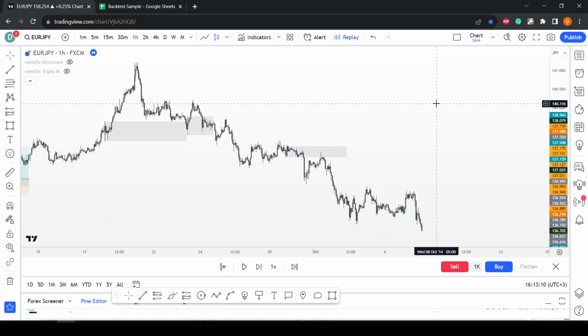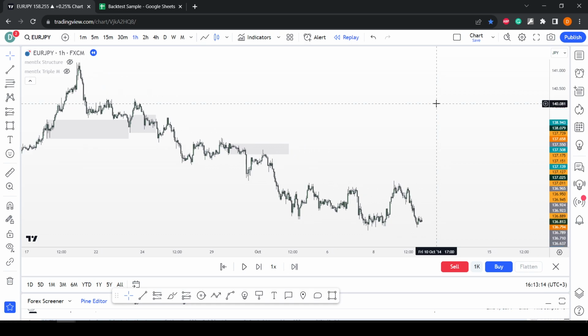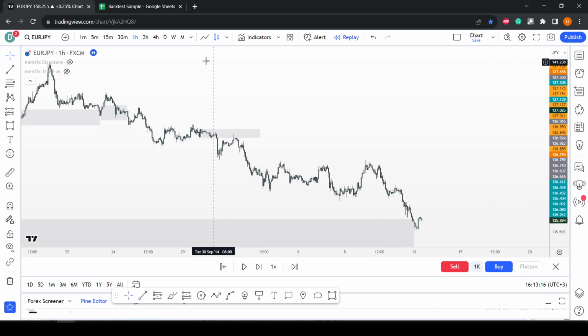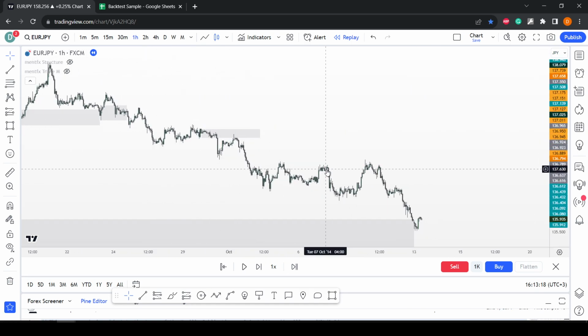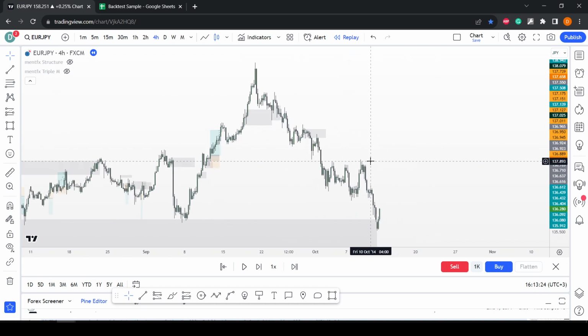And we are continuing bearish. Now we are in the daily zone. So some bearish entries from here, possibly, but again, I was not ready to follow.